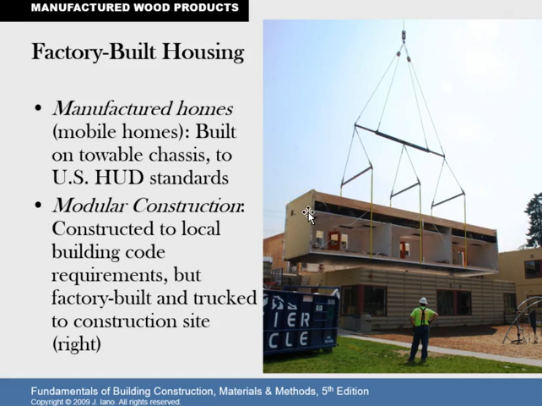So again, seemingly similar to a mobile home, but it is actually finished on the job site, and it is built to local codes. It lives up to the same code restrictions that site-built homes do.